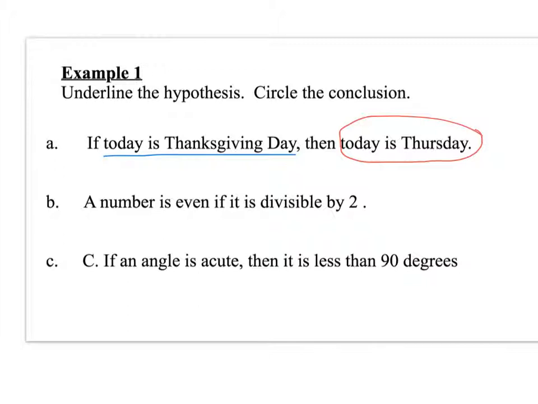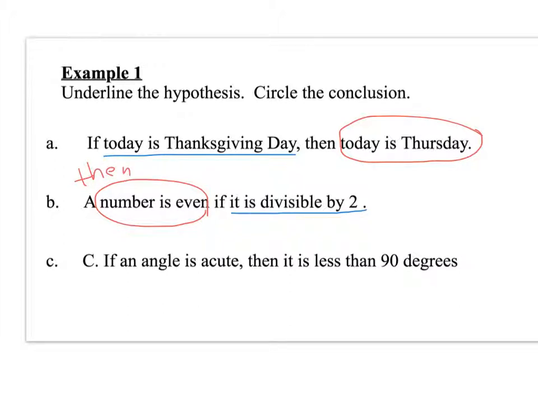The if and the then are not part of the hypothesis or the conclusion. All right. A number is even if it is divisible by 2. So there's the tricky one. A number that's divisible by 2 would be the hypothesis, but then the number is even would be the conclusion. So in this case, the then is like pretending to be there.